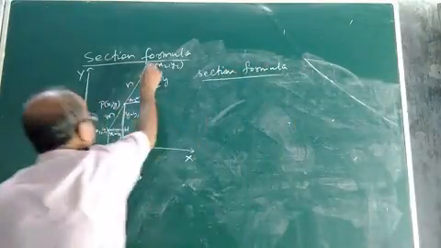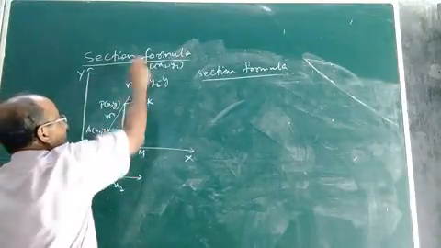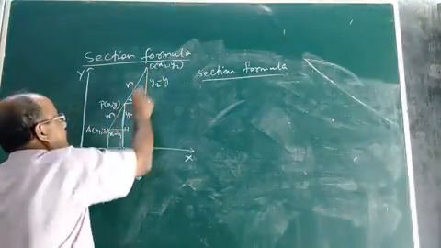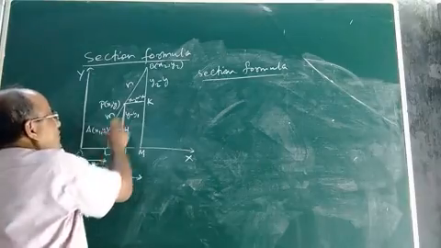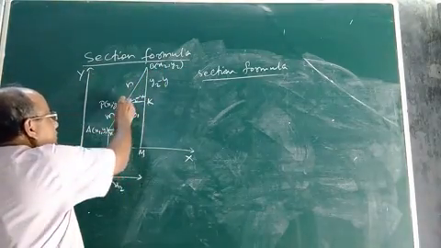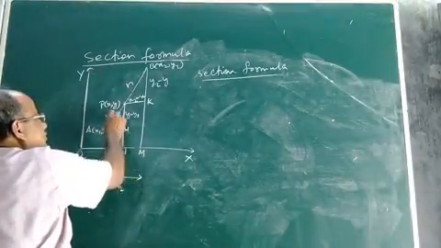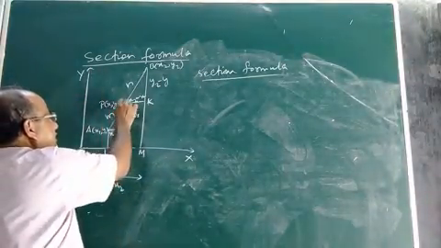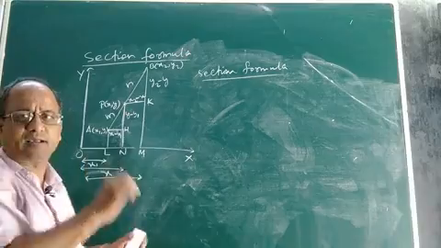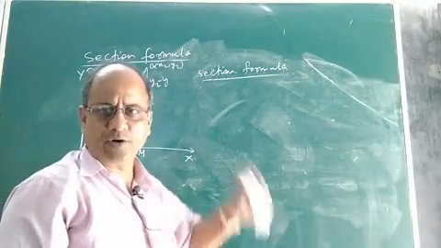Look at this figure. Suppose AB is a line segment, the coordinates are given, A is x1, y1 and B is x2, y2. Now suppose you are given a point P which divides AB in the ratio m is to n. Then if the coordinates of P are x and y, how to get those 2 coordinates?